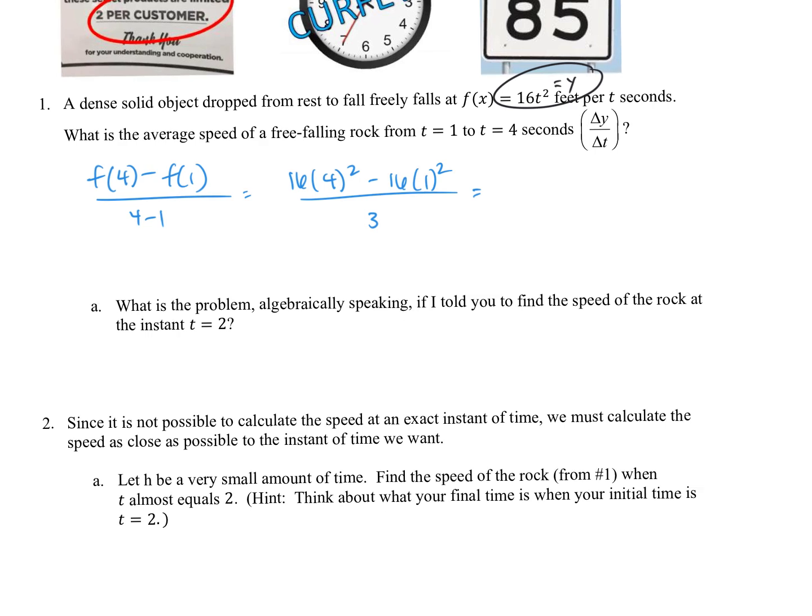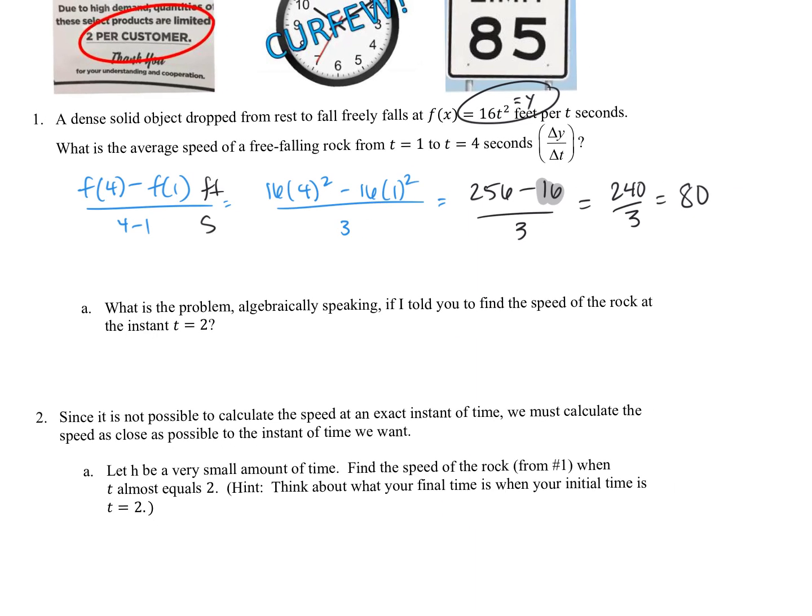Let's do some mental math. 4 squared. 16 times 16. 256. 256 minus 16 all over 3. 256 minus 16. 240 over 3. 80. What would be my units if I just did my feet over time? This is going to be feet per second, right? So this object is falling quick. 80 feet per second, okay?